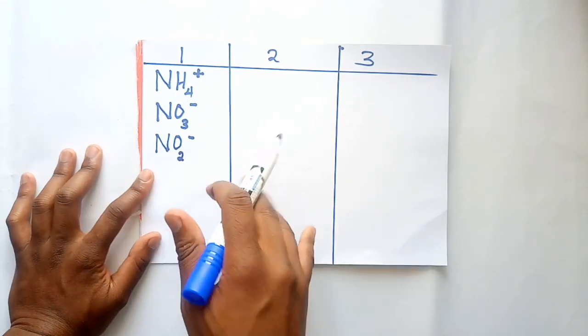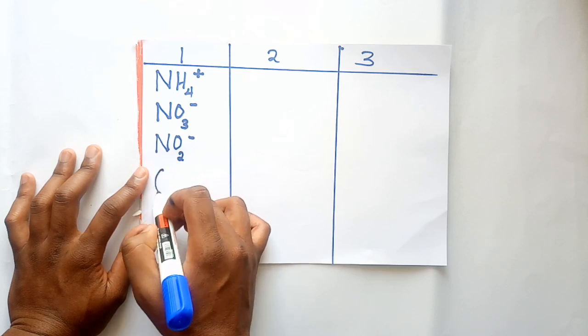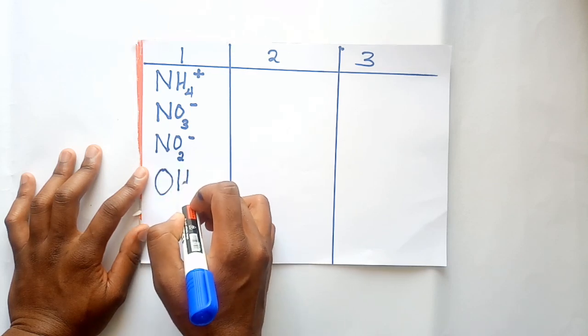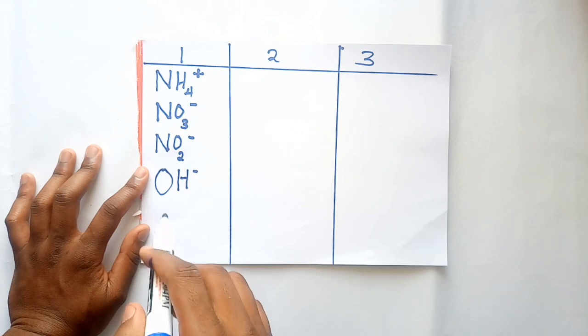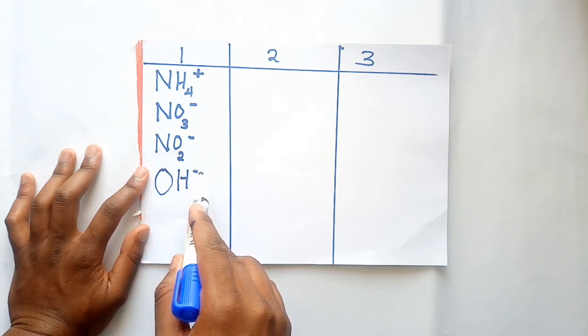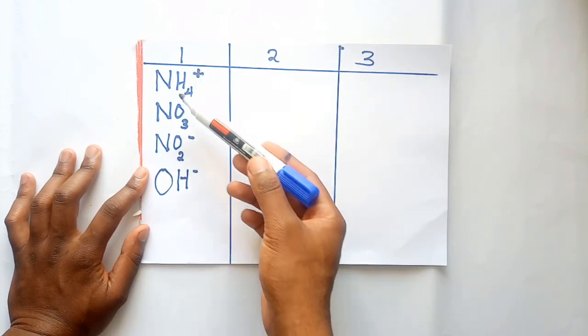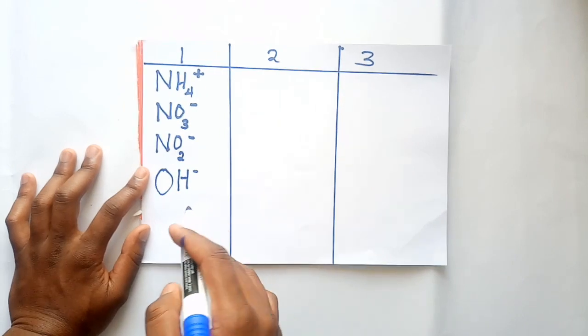The other that we shall look at is hydroxide: 1 oxygen and 1 hydrogen and a negative sign. Remember, all these ones have a charge of 1, and it's only ammonium that has a charge of positive.